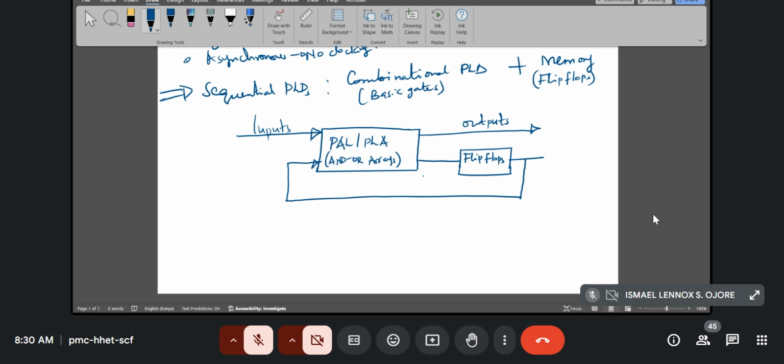And the sequential PLDs, we said we have a few examples here. So before we go to the examples, we have the categories. Here we have the two categories: the simple PLDs, that is SPLDs. The other category was the high capacity PLDs.